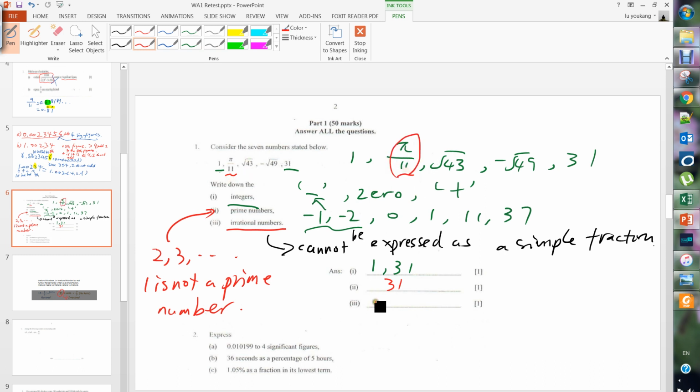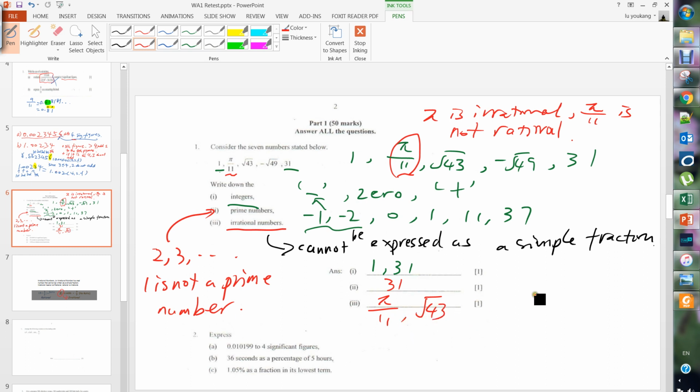Pi is irrational, so pi over 11 also is not rational. So pi over 11 is here. And square root 43 is also irrational.